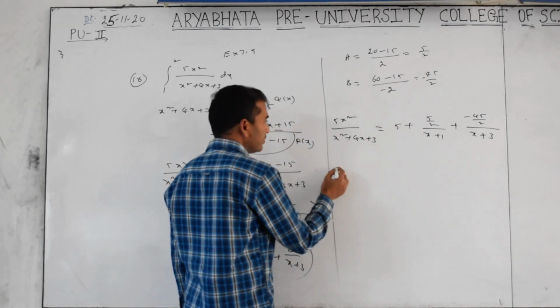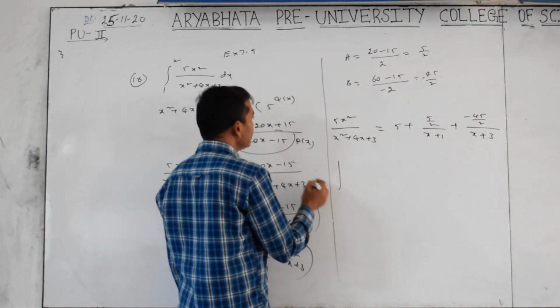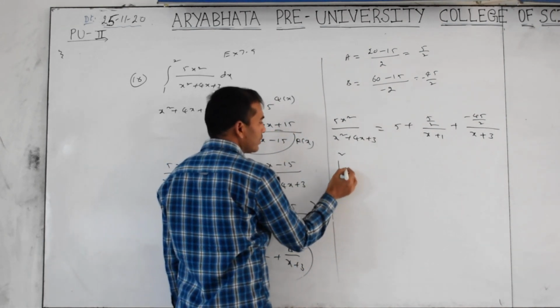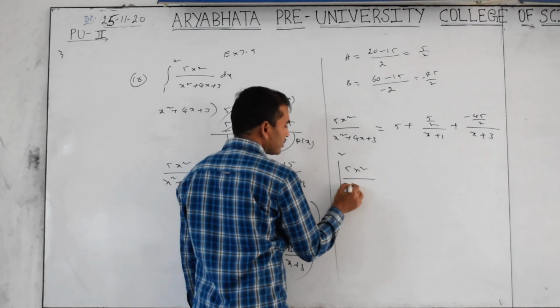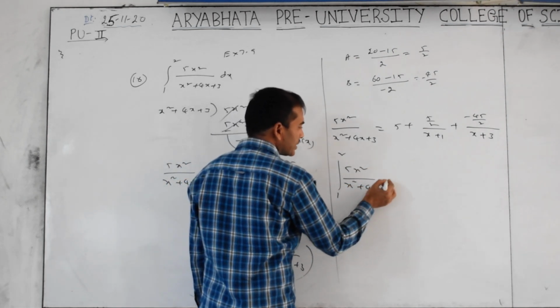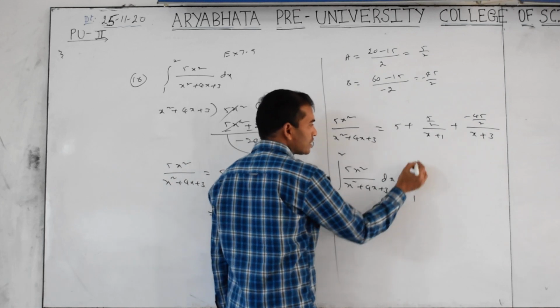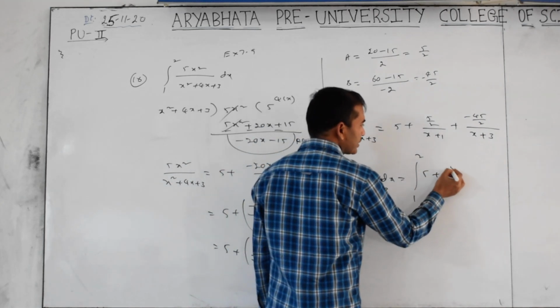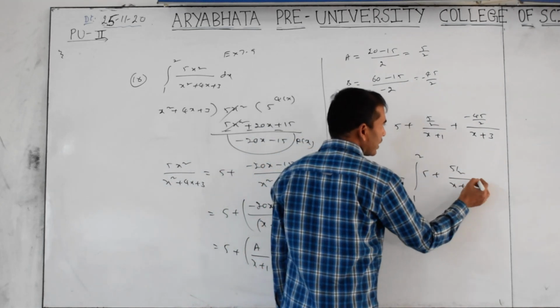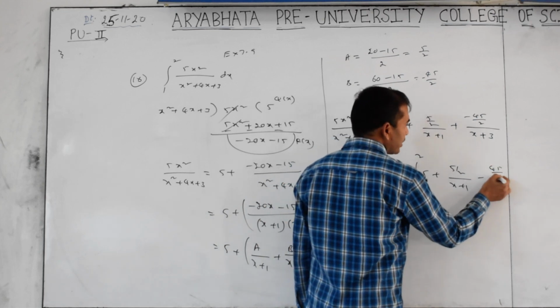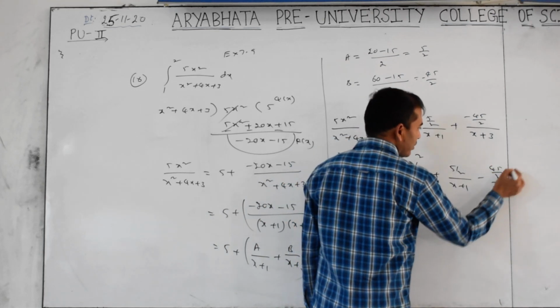Now let's find the integration. Integration from 1 to 2 of 5x square by x square plus 4x plus 3 dx equals integration from 1 to 2 of 5 plus 5 by 2 over x plus 1, minus 45 by 2 over x plus 3, whole dx.